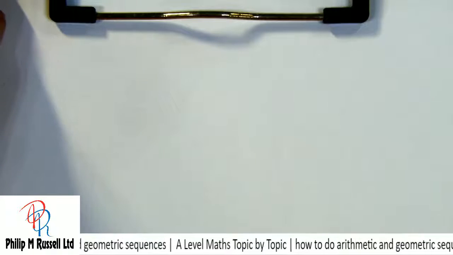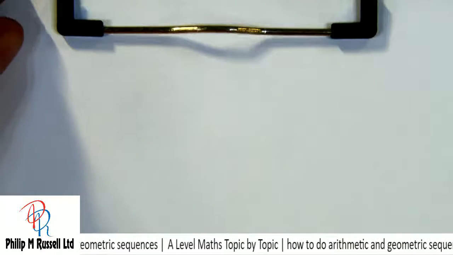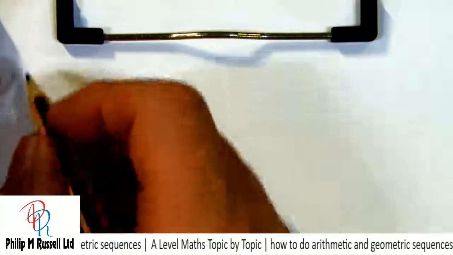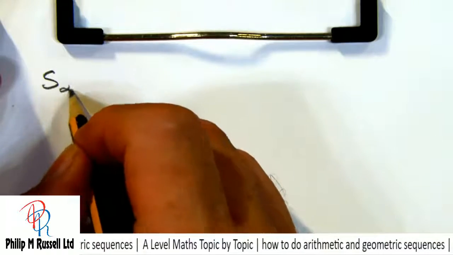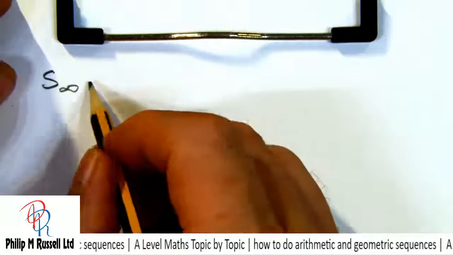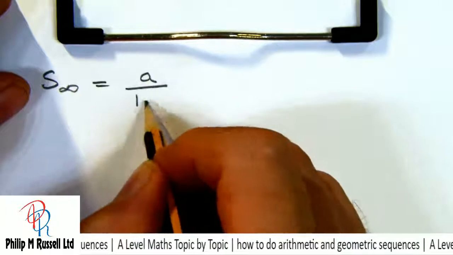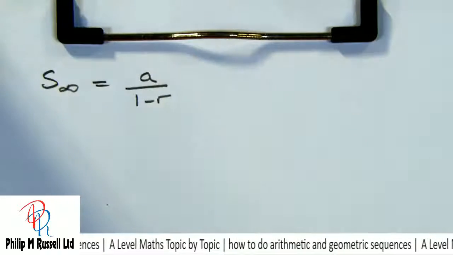Summing to infinity for a geometric sequence is going to be much simpler. It's going to be a over 1 minus r.